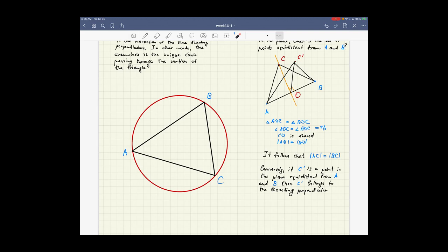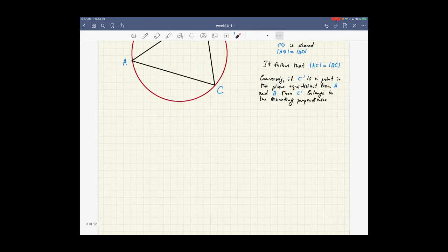And from the equality of these two triangles, it should follow immediately that the triangle ABC prime is isosceles, and I encourage you to continue the argument. It will follow that C prime lies on the bisecting perpendicular.